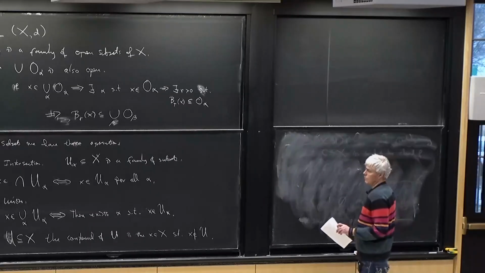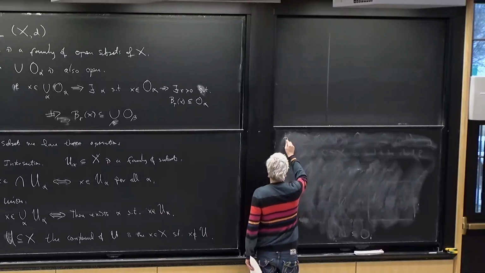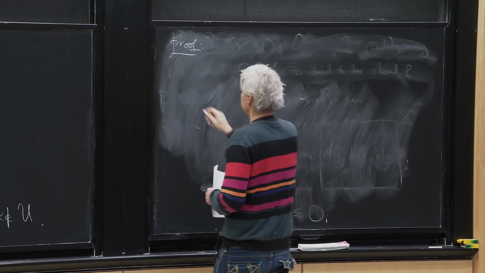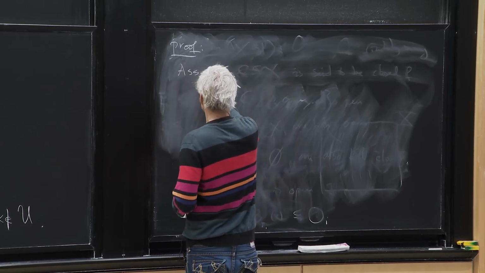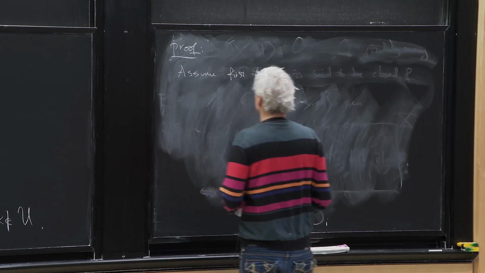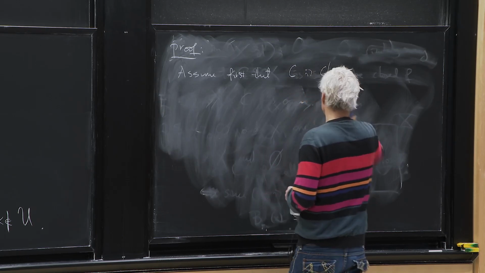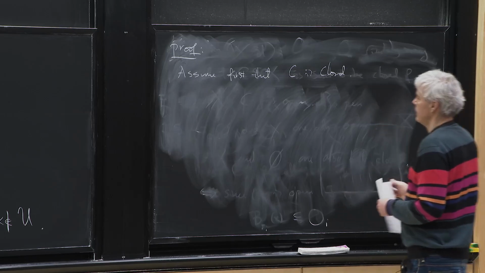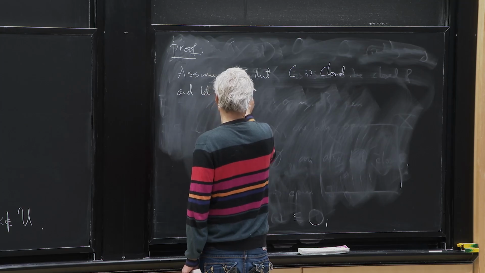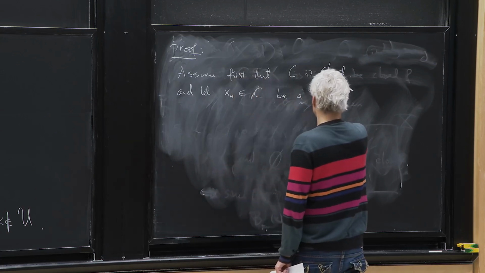And so now, why? There are two things we need to prove, so there are two directions. So assume first that C is closed, and let x_n in C be a convergent sequence.